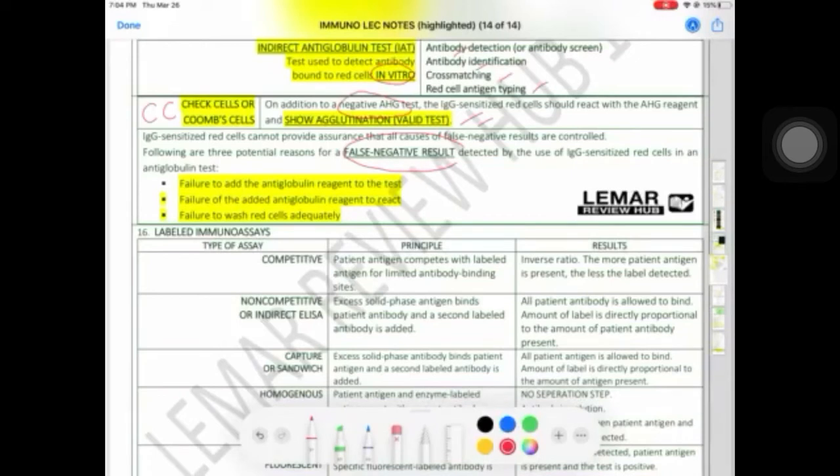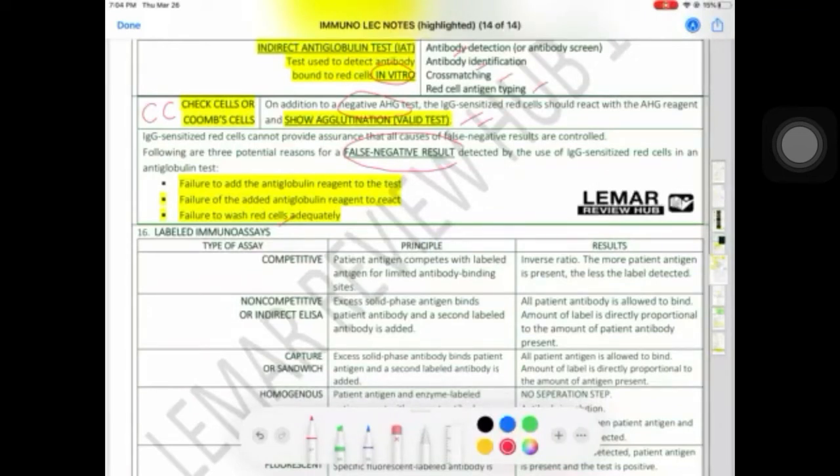Una po, failure to add the AHG reagent, failure of the antiglobulin reagent to react, maaaring yung AHG reagent ay na-neutralize or na-inactivate, and insufficient washing. So, wala daw agglutination with Coombs or check cell, so invalid.